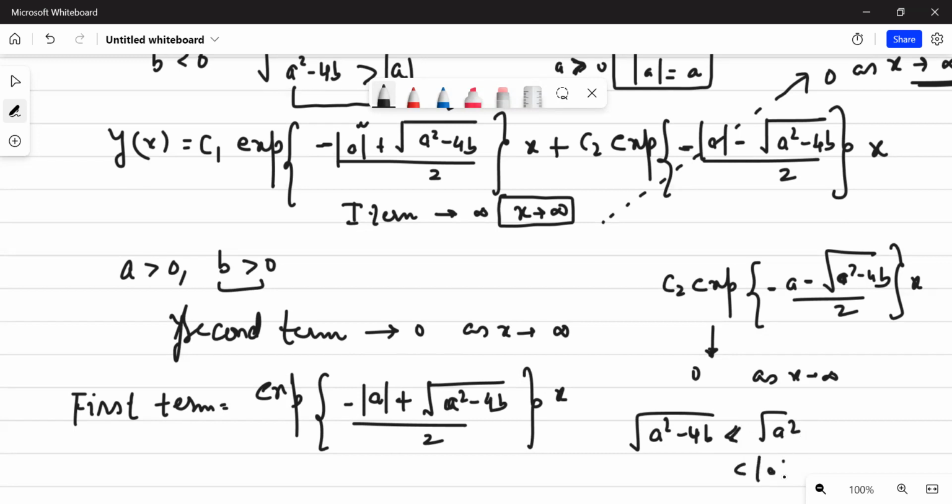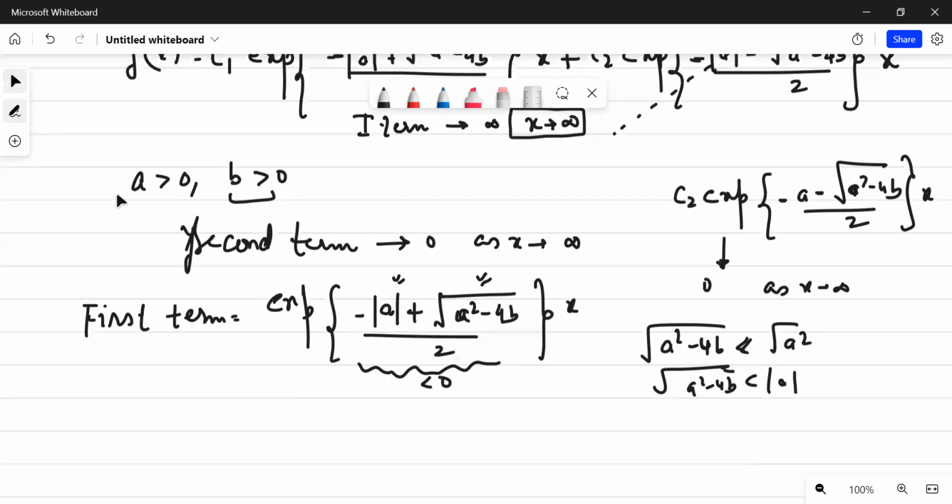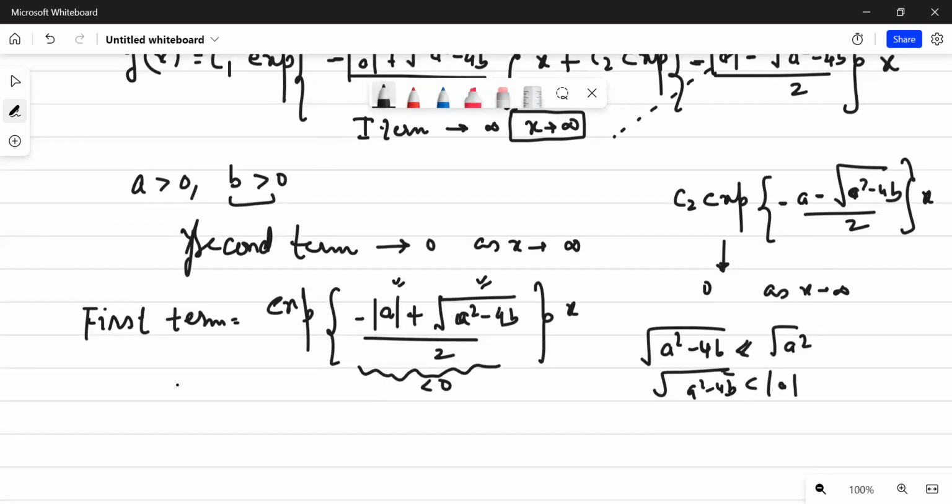So I'll write that modulus of a in any way is greater than root over a square minus 4b, and b has a negative sign in front of it. So basically this particular term is more negative than the entire positive term. This is positive, this is also positive, but there is a negative here. So overall this term will become negative. And if this term becomes negative, the first term would go towards 0 as x tends to infinity.